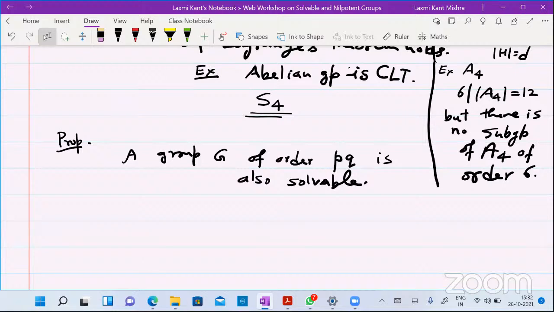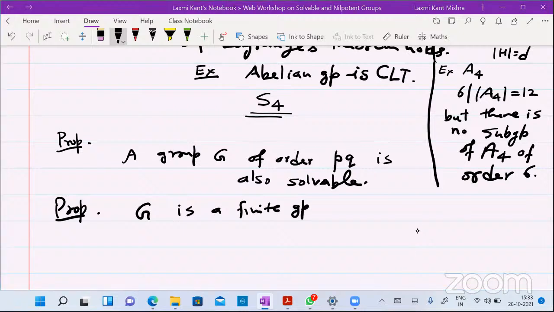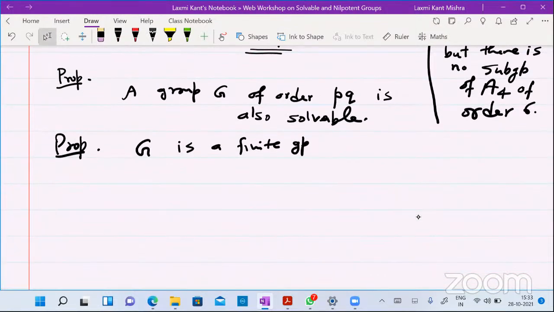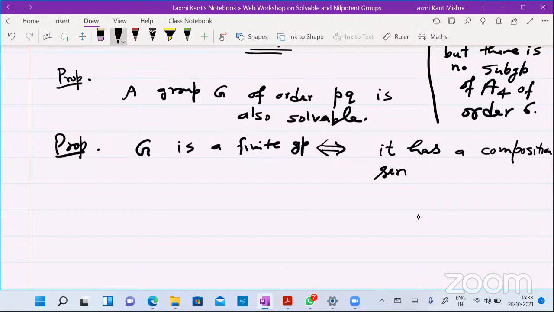Suppose G is a finite group. It is solvable equivalent to saying that it has a composition series with factor groups of prime order.